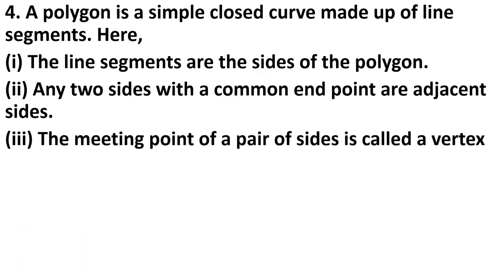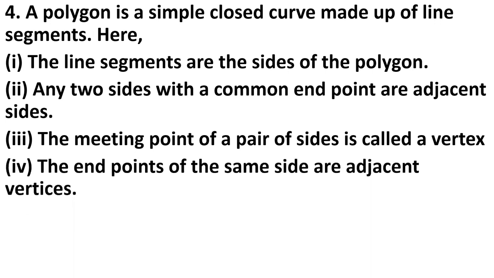The meeting point of a pair of sides is called a vertex. The end points of the same side are adjacent vertices. You can take any one side, and on that side there are two vertices, two endpoints.